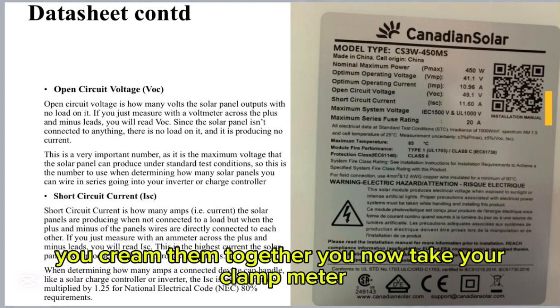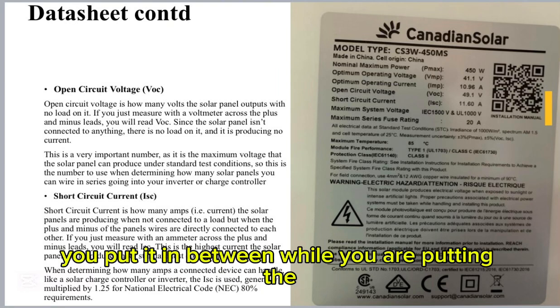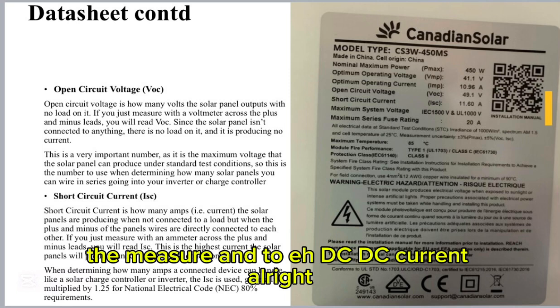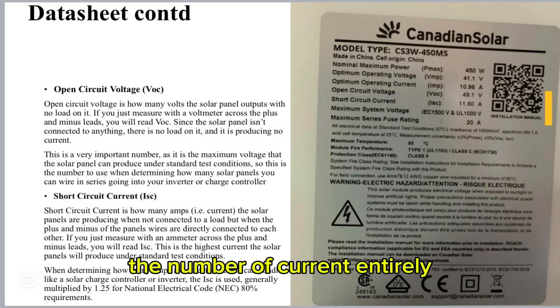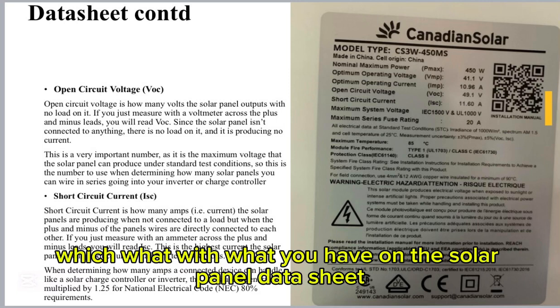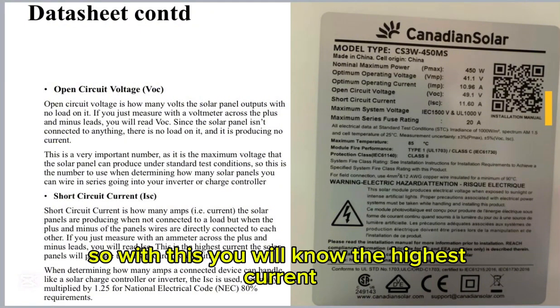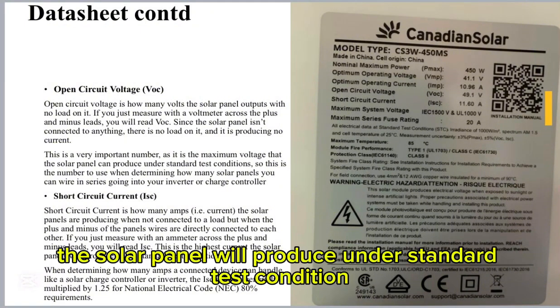You now take your clamp meter, you put it in between while you are setting the meter to DC current, to get the number of current in tally with what you have on the solar panel data sheet. With this, you will know the highest current the solar panel will produce under standard test condition.